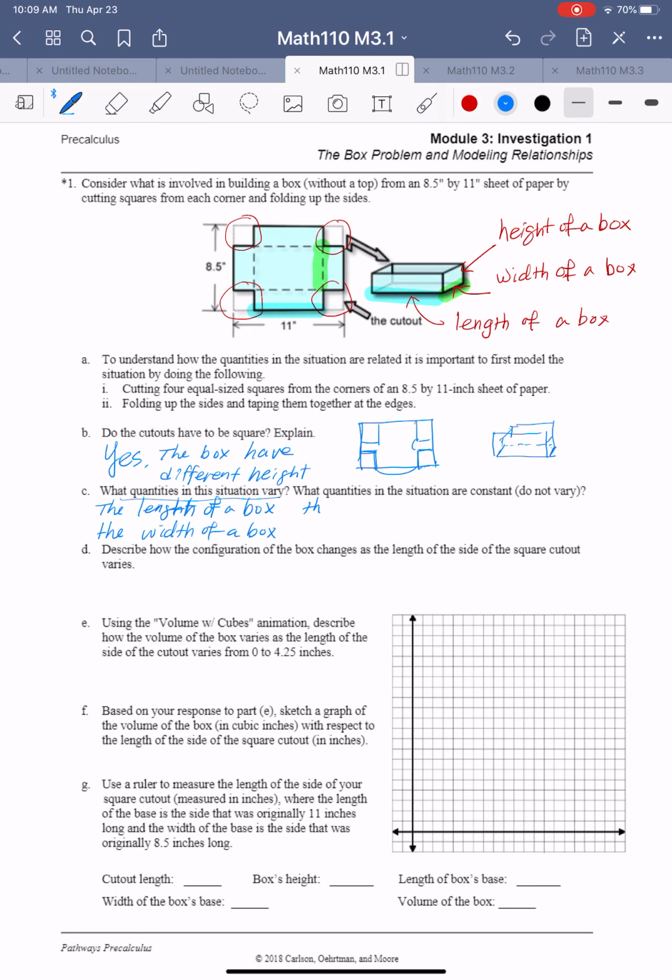And then it will change the volume too, and also the surface area too.